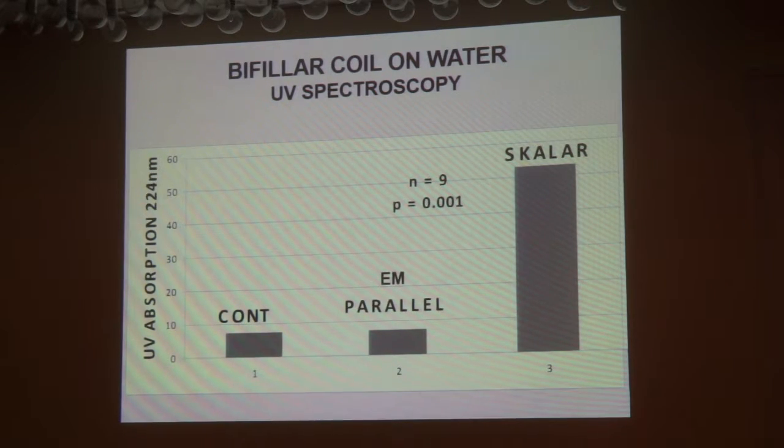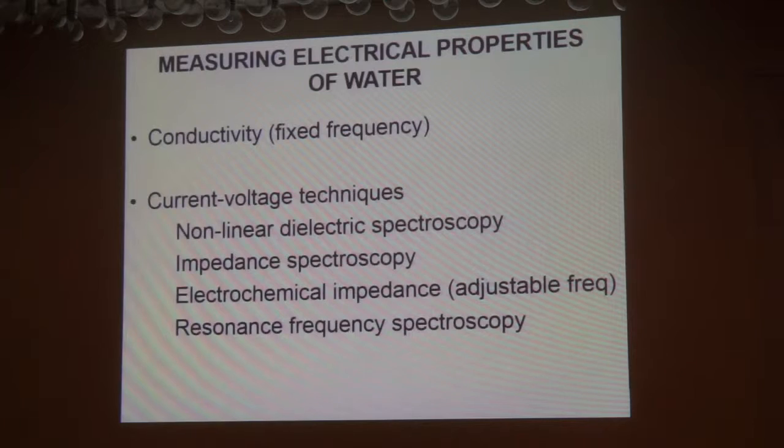So this is an important observation, extending Cyril Smith's work, indicating that the electrostatic scalar potential, or the phi field, as it's called in physics, also imprints water. Okay, so that's an important observation.